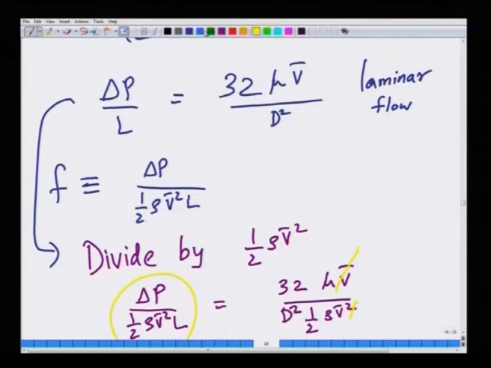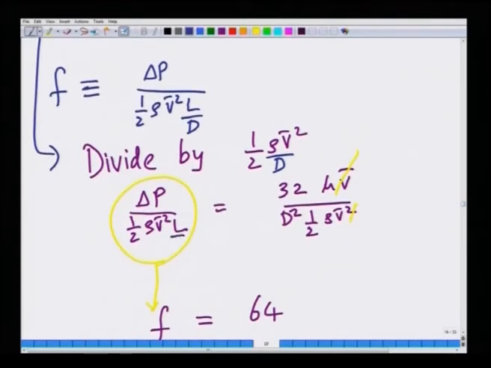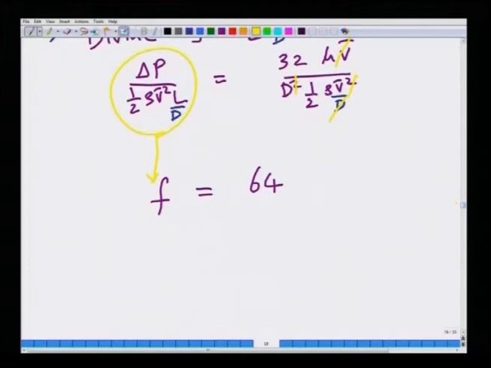If you remember the definition of friction factor, you have L by d. So, we have to divide by rho v squared by d on both sides. So, this is L by d. We will have another d here, and this factor of d squared will go away with the factor of d here and leave you with d.